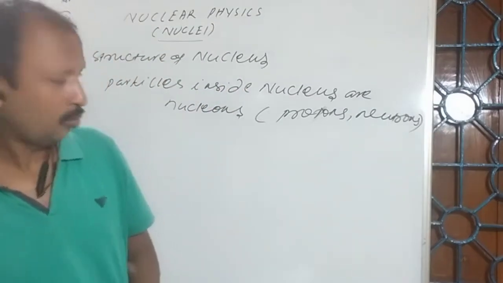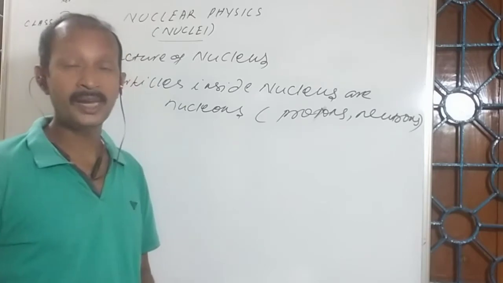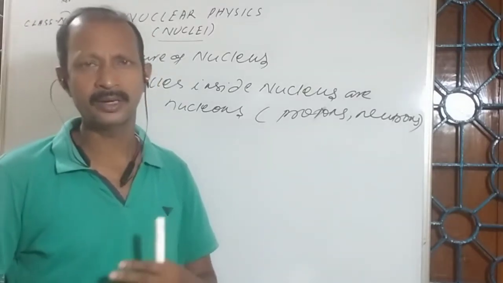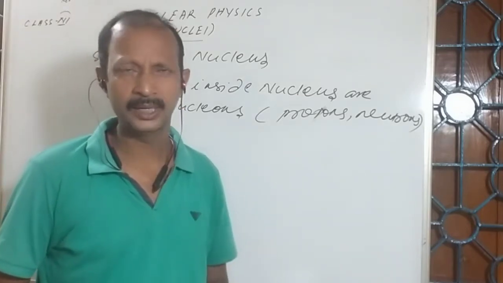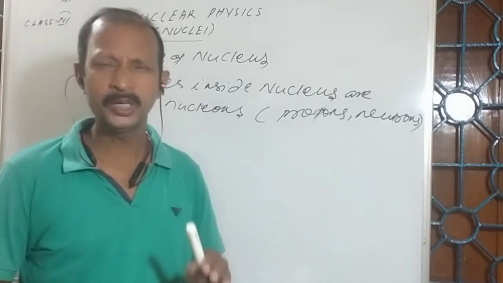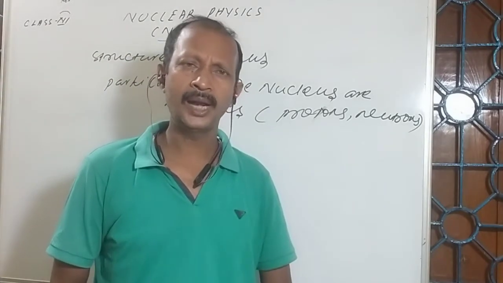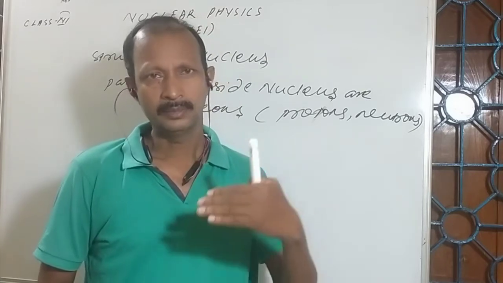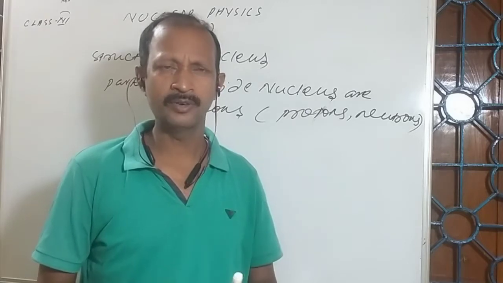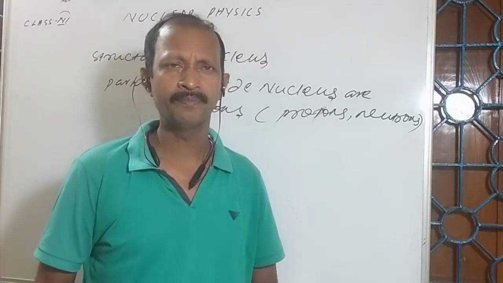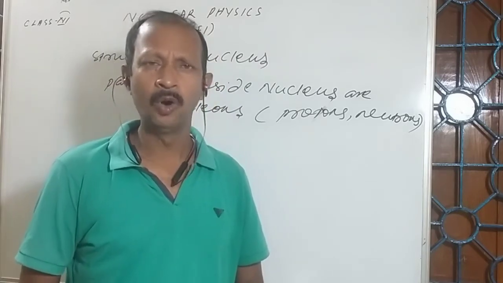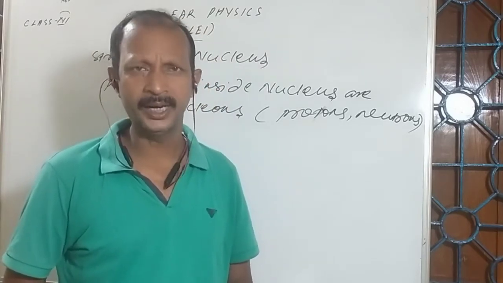You know that outside the nucleus, in the extra nuclear part, electrons are revolving in orbits around the nucleus. There is a huge space between the nucleus and the outermost electron. Due to that, in Rutherford's experiment, it was found that most of the alpha particles passed through the gold foil undeflected.